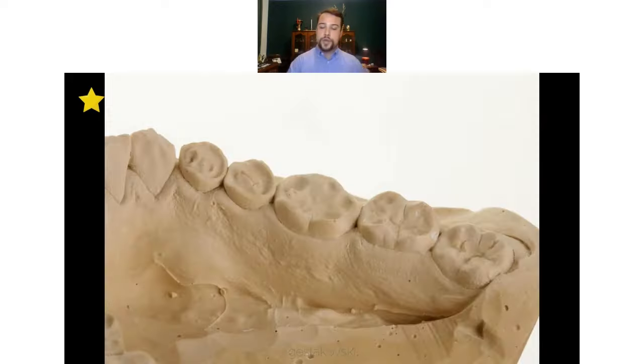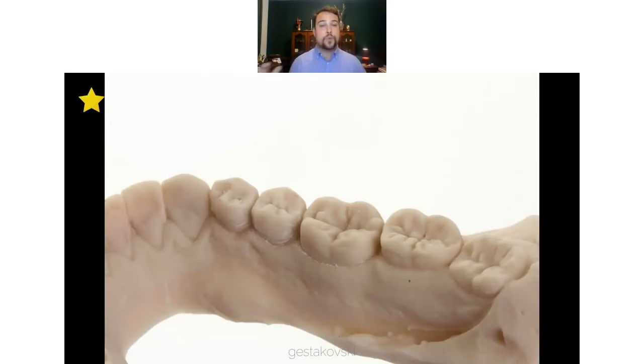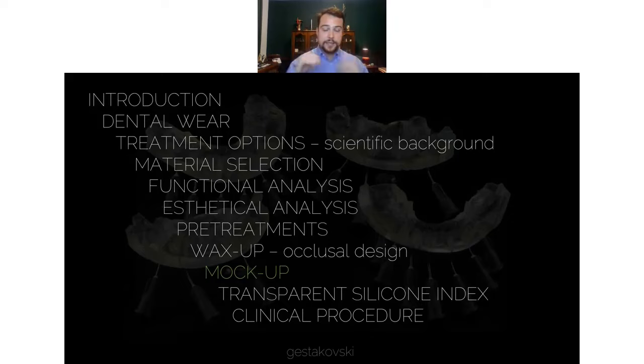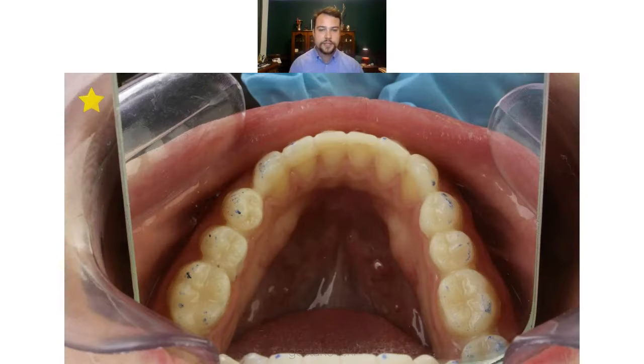From this situation, they print such model, which later on we can check in the mock-up stage. The mock-up stage is crucial to check the contact points, to check the physiognomy of the patient, the lips, the rest position, speaking, phonics, and so on, all the functional things.